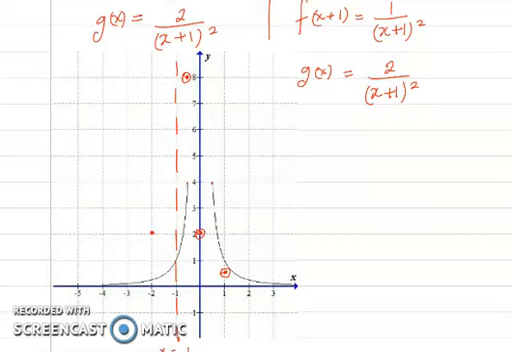The point minus a half, 4: 1 unit to the left, it becomes minus 1.5. Multiply the 4 by 2, 8. So that comes up here. The point minus 2.25, 1/4: 1 unit to the left, minus 3.25.